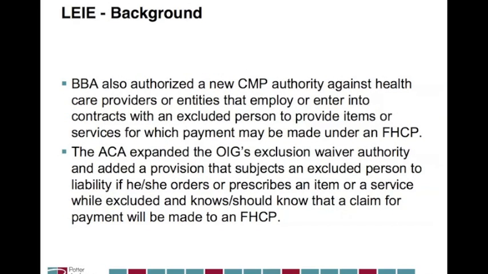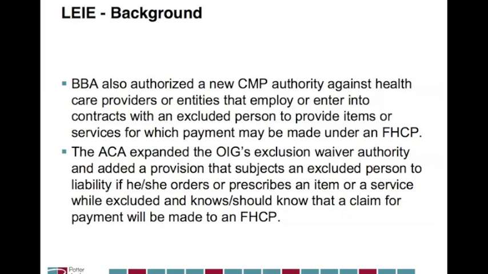The Balanced Budget Act also gave the government new civil money penalty authority against healthcare providers who enter into contracts with or otherwise employ an excluded individual to provide services that may be reimbursed under a federal health care program.